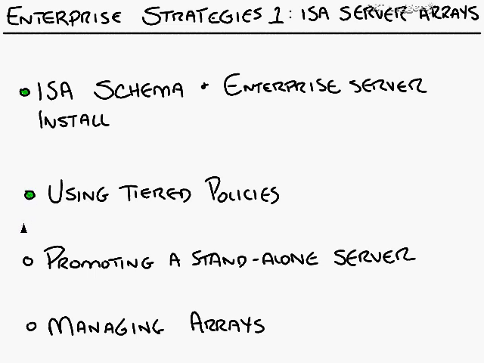Enterprise versus array policies, what each means, who can manage both, and what they apply to. We looked at promoting a standalone server, so you don't have to pretty much neglect those, uninstall them, and reinstall them into a new system. You can promote them into the enterprise and allow them to be managed under your enterprise policies. Finally, we looked at managing the arrays. Which policies apply to all computers in the array, and which policies can be defined per server.